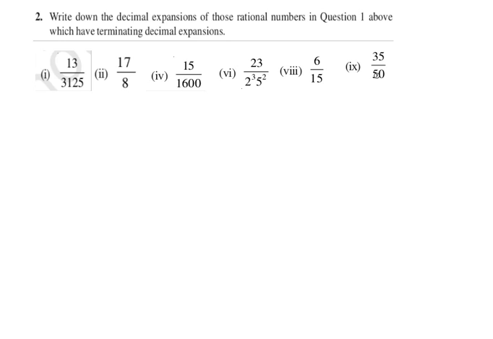Now we have to get the decimal expansion of this number. That means 13 we should divide by 3125. So 13 we have to divide by 3125. So we need to divide.